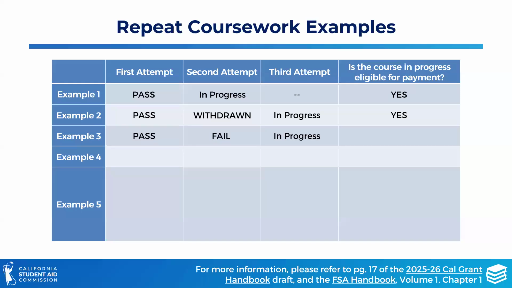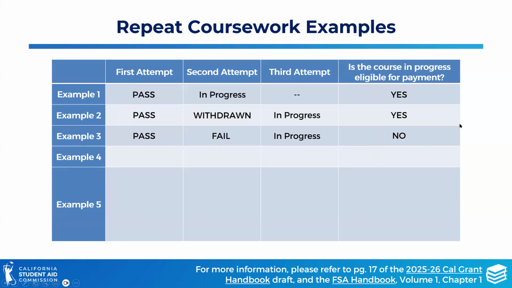In the third example, the student is also in their third attempt of the same class. They passed the first attempt and failed the second attempt. In this case, they are actually not eligible for Cal Grant, because they completed the class, but they failed it. So this is a third attempt with 2 fully completed terms prior to that.